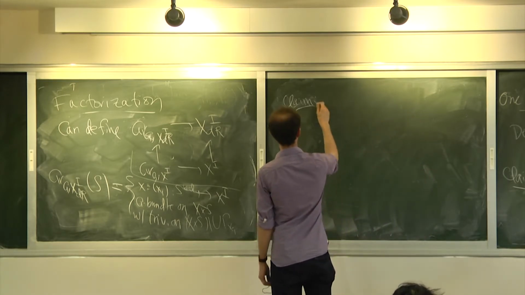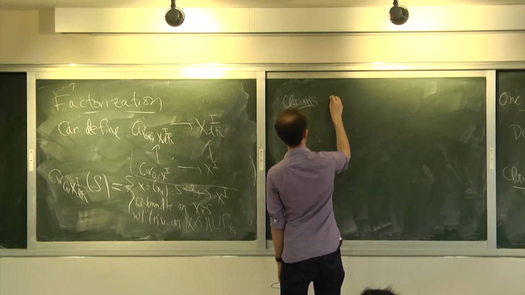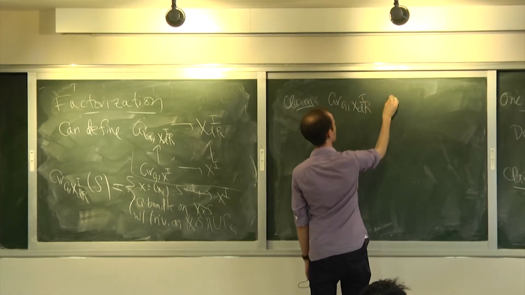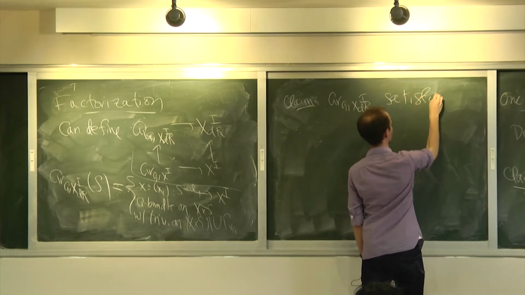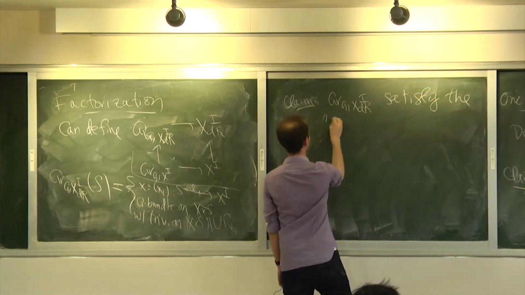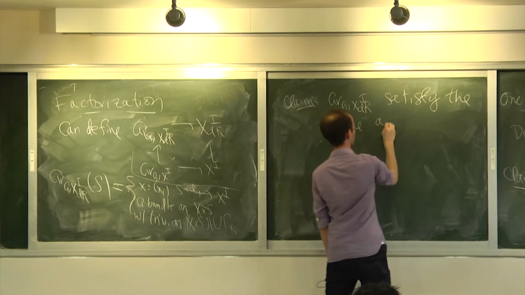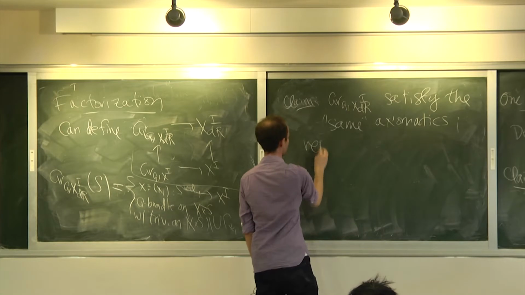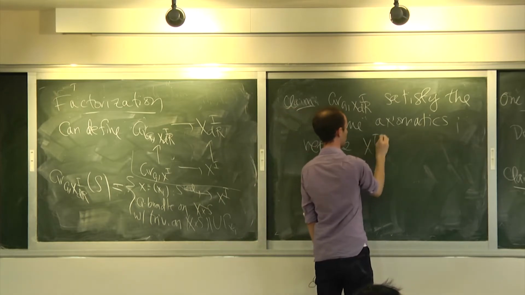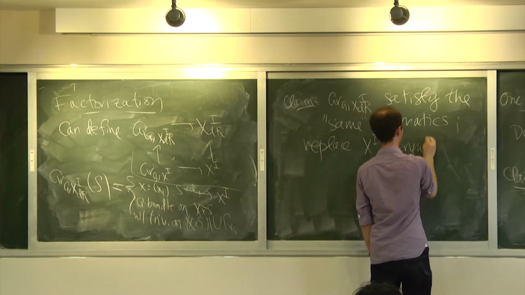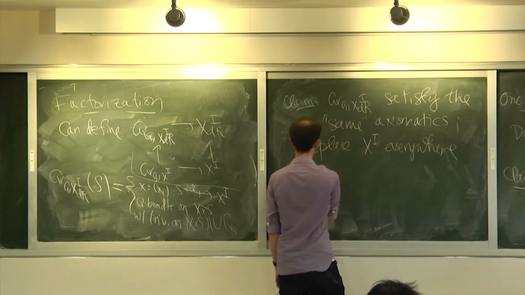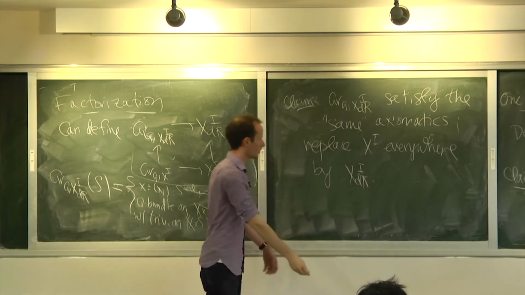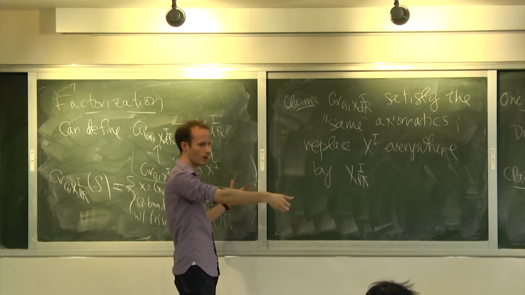OK, so a claim is that these spaces satisfy the same axiomatics. You just replace x to the I everywhere by x derived to the I. So the factorization still works, and the Ran condition still works.